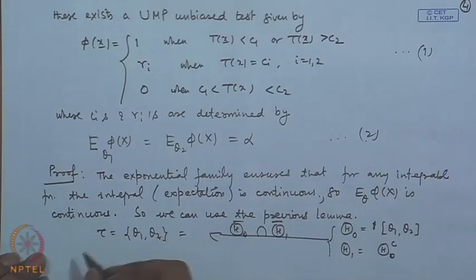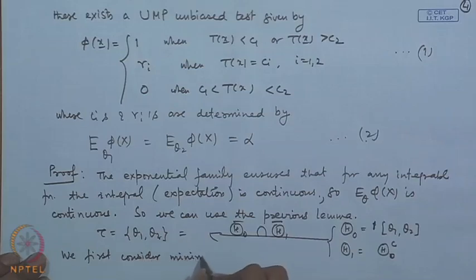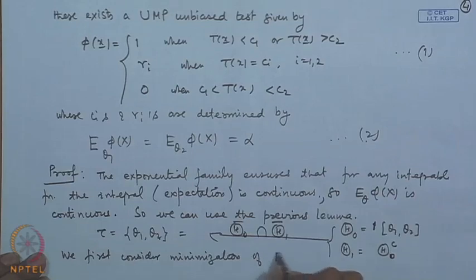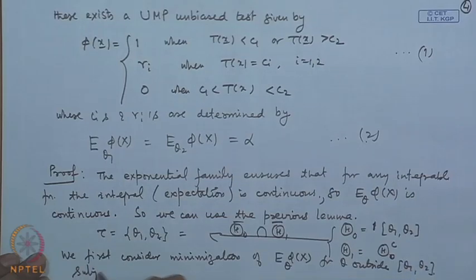So, now let us first consider minimization of expectation phi x for theta outside the interval theta 1 theta 2 subject to the condition 2.